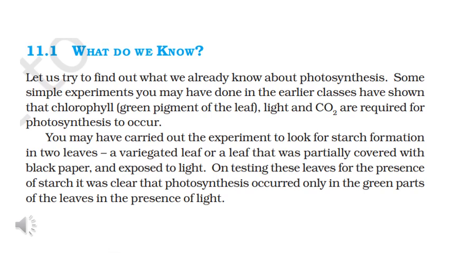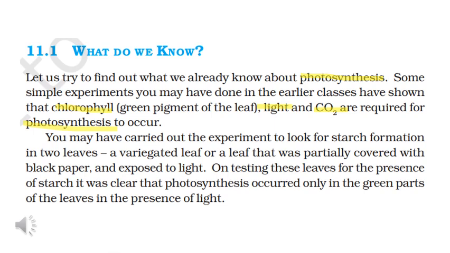11.1 What do we know? Let us try to find out what we already know about photosynthesis. Some simple experiments you may have done in the earlier classes have shown that chlorophyll, light, and carbon dioxide are required for photosynthesis to occur.